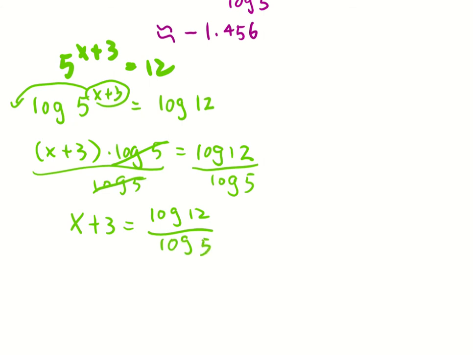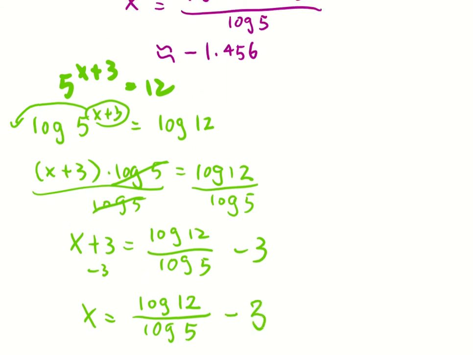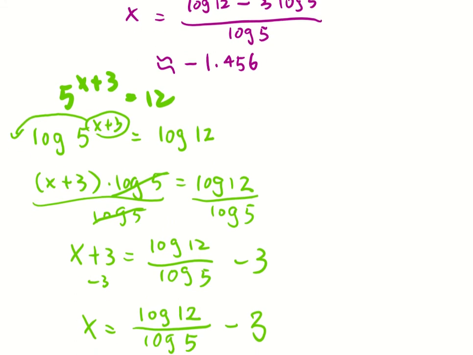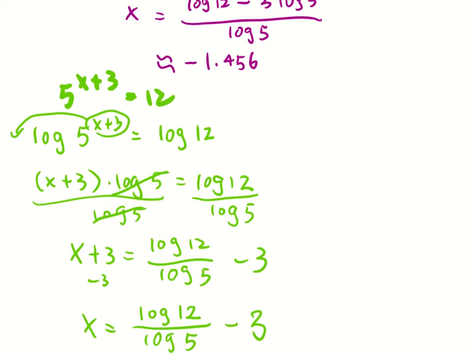Right. To leave x by itself, you can subtract both sides by 3. So you have x equals this weird fraction, log of 12 over log of 5, and this whole number minus 3. You may think this answer looks a little bit different from the answer we had earlier, but not really, because for 3, you can write it as 3 times log of 5 over log of 5, because that's a 1, right?